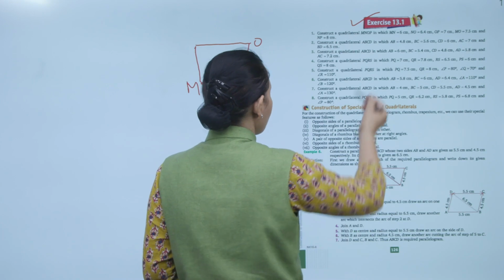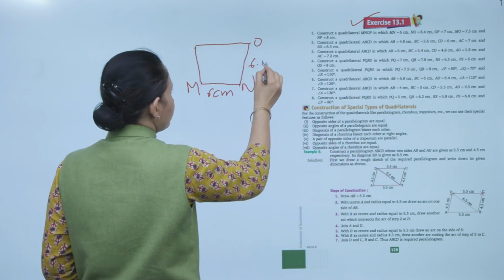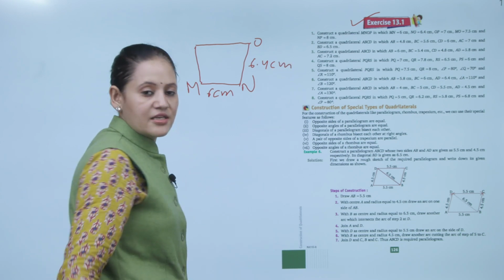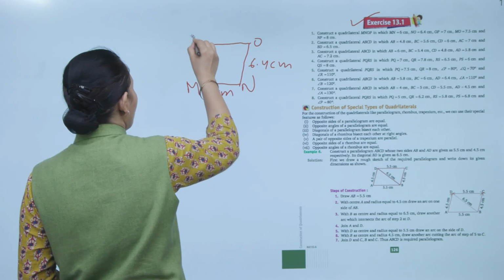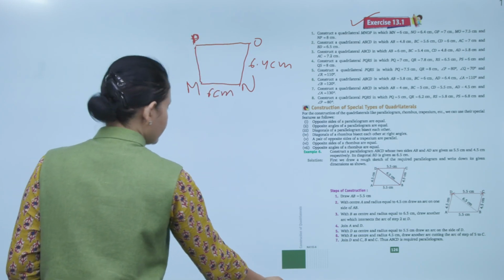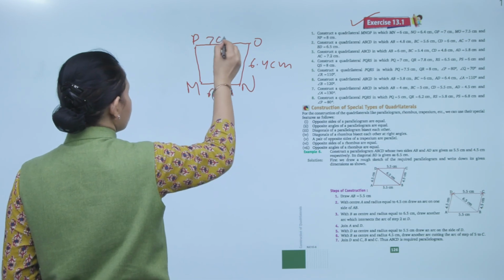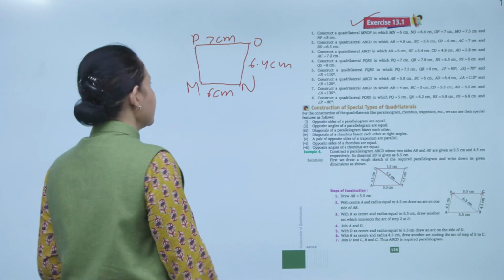Then NO 6.4 cm. Clear? Then OP 7 cm. Then MO 7.5 centimeter.